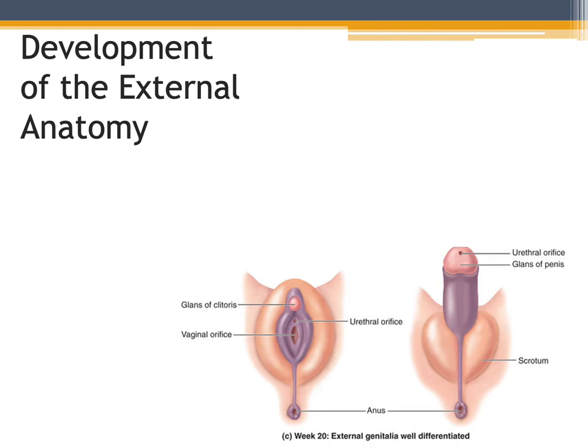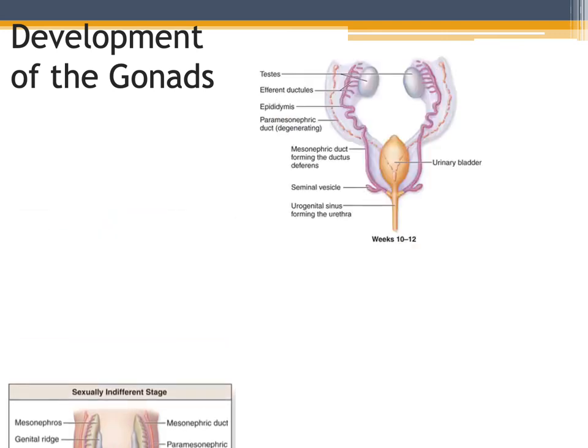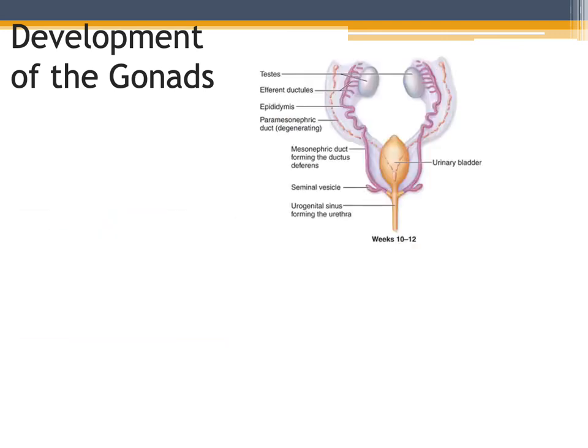Now, when we look at the actual gonadal pathway development, it's slightly different. And it has to do with whether or not we're going to keep the paramesonephric duct or the mesonephric duct. And so this is going to lead to the differentiation between the male and the female in terms of the gonads. And so for the males, we lose the paramesonephric duct and we keep the mesonephric duct.